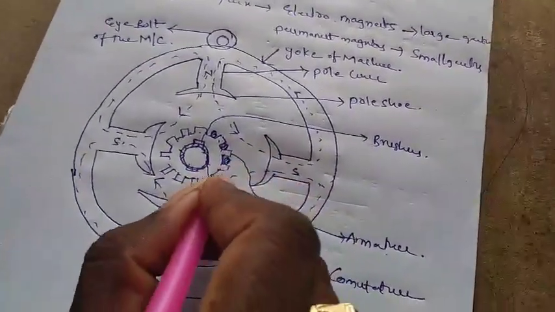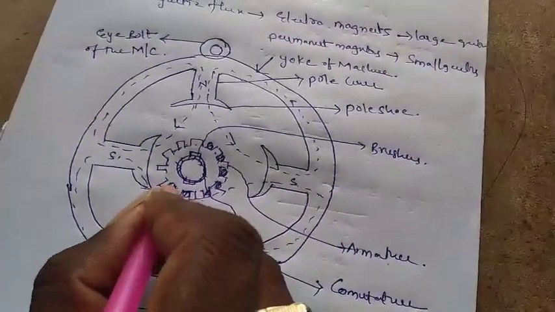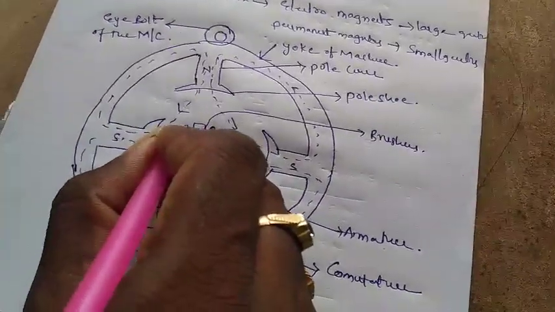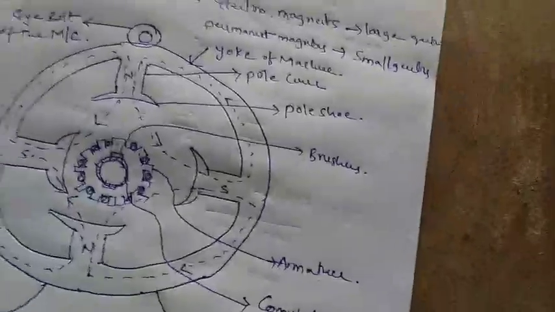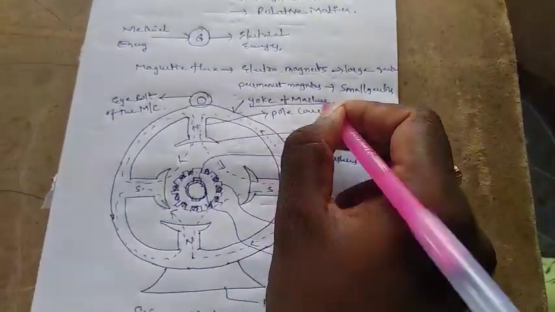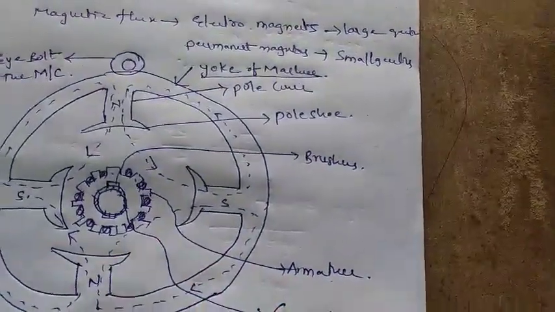So this is our schematic diagram of the DC generator. Here we can see this is one of the parts of the machine, that is the yoke of the machine. The purpose of the yoke.